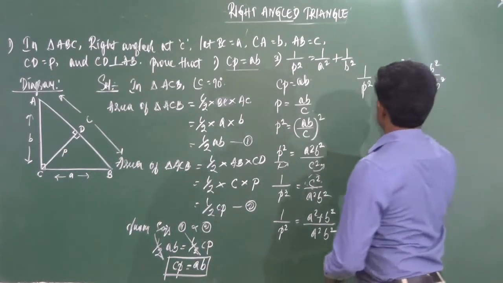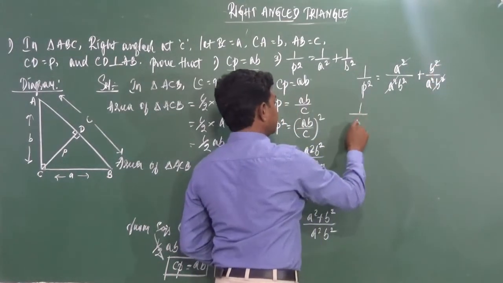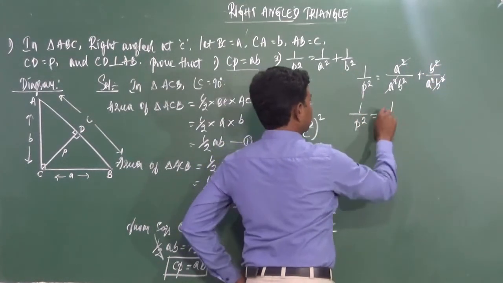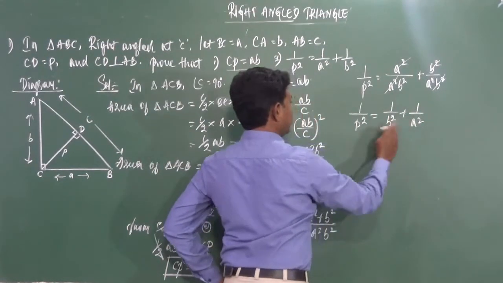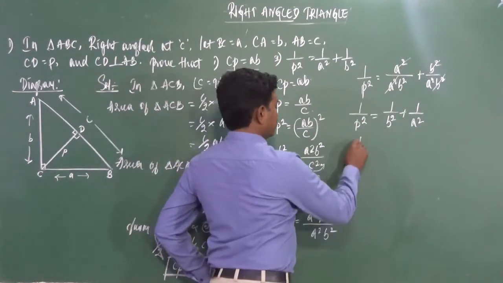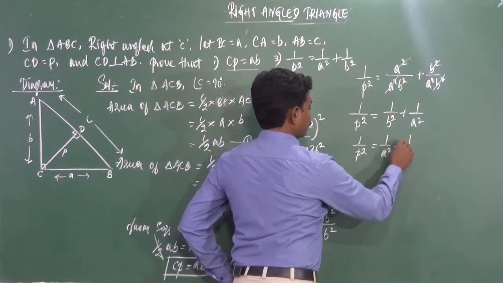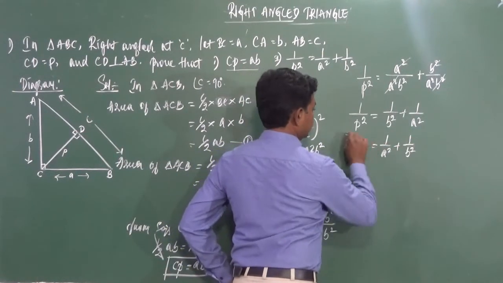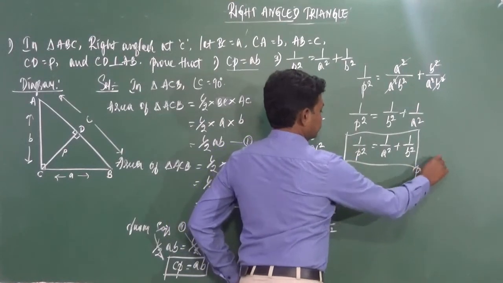Where a square and a square cancel, b square and b square cancel, so the remaining thing is 1 by p square is equal to 1 by b square plus 1 by a square. This can be altered by using the commutative property for addition. So 1 by p square is equal to 1 by a square plus 1 by b square. So this is the second result, hence it is proved.